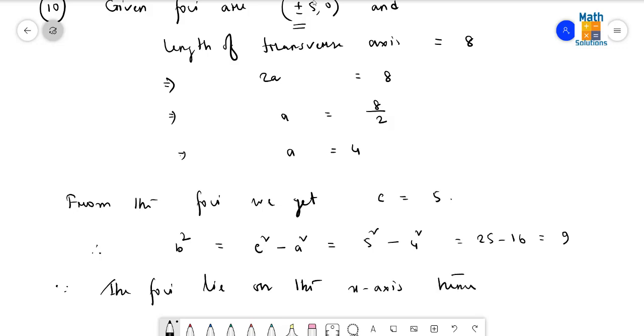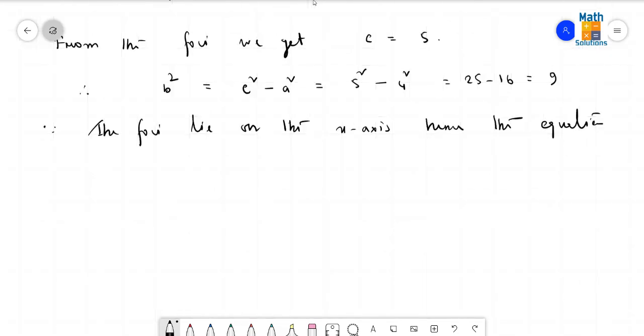Hence the equation of hyperbola takes the form. Which form will it be taking?